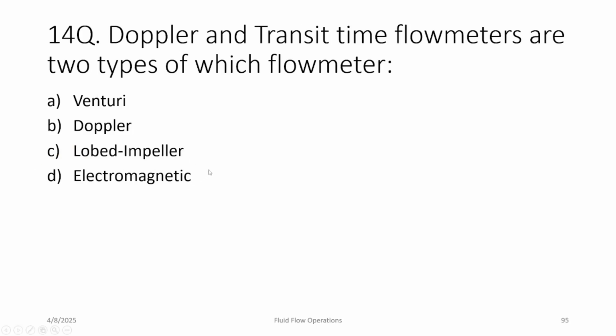Coming to the 14th question, Doppler and transit time flow meters are two types of which flow meter? Option A, venturi meter, option B, Doppler, option C, lobed impeller, option D, electromagnetic. Which of the following is correct? Anyone? You can just type it in the chat box as well.